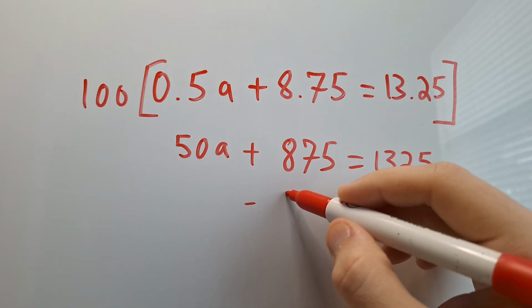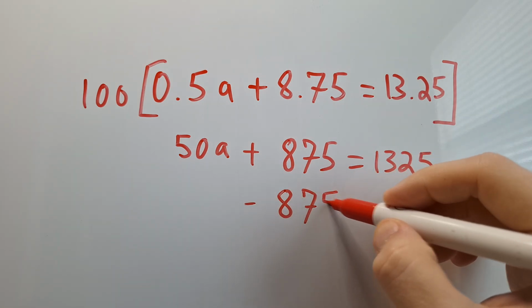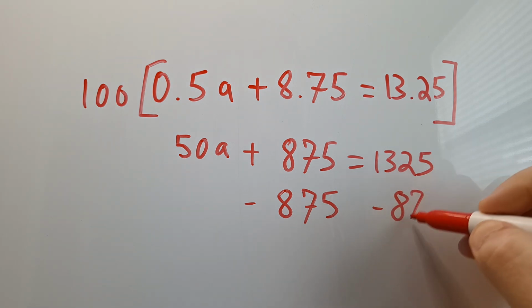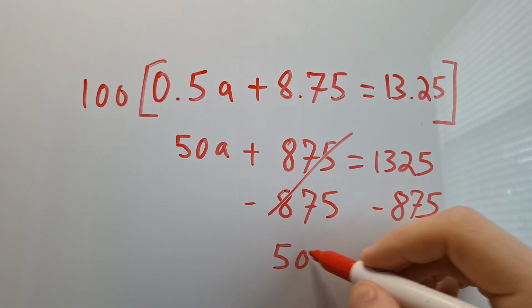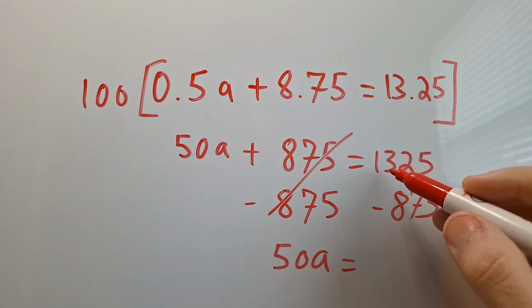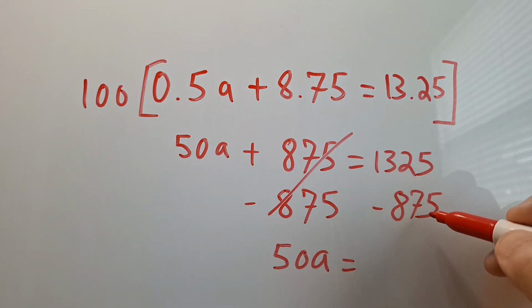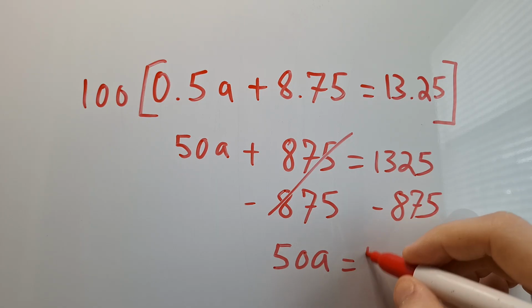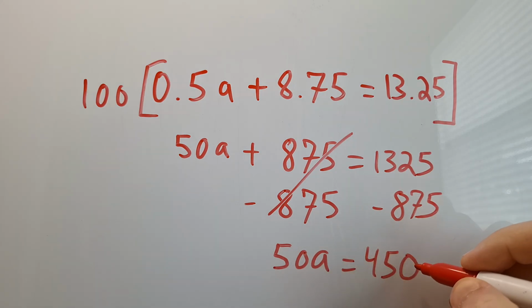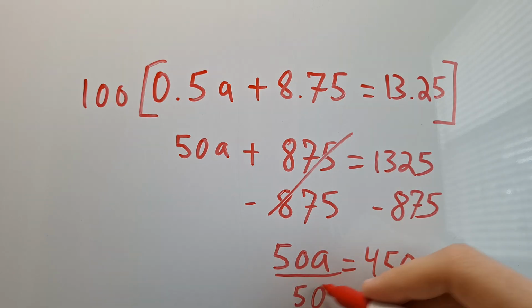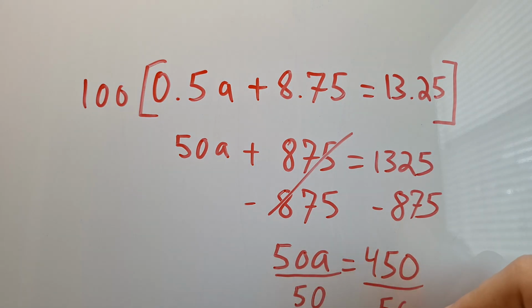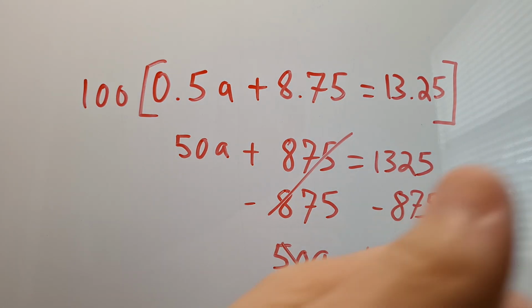Subtract 875. 1,325 minus 875 gives you 450. Dividing this, bring this down here.